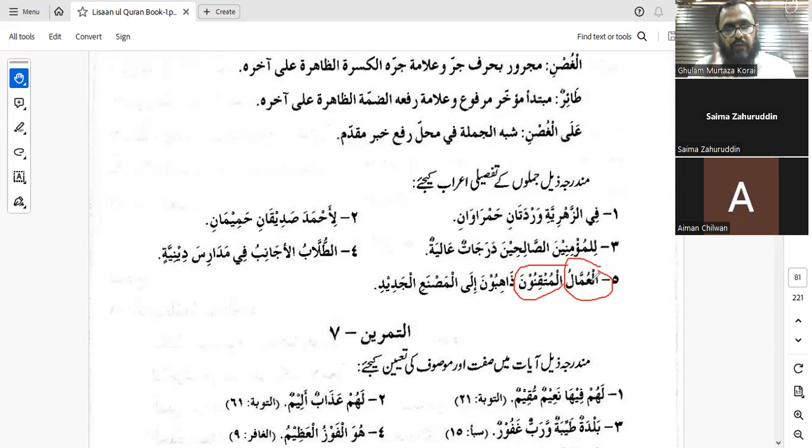The status is of mubtada, getting them together, both of them. So al-ummalu al-mutqinuna, both of them are different words, but in a sentence they technically become one mubtada, and that is what the role of wahid means. Mufrad means mufrad in terms of word, one word. Is that clear? Yes, sir.